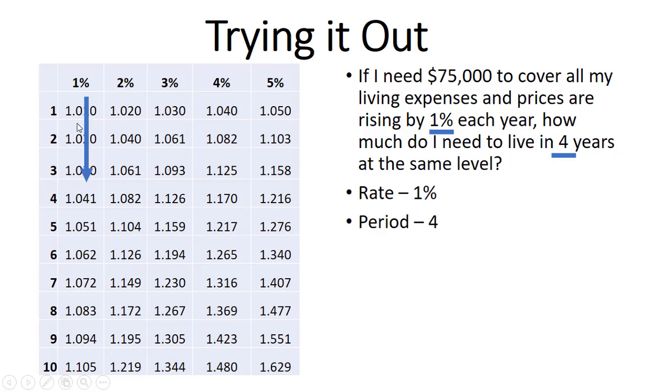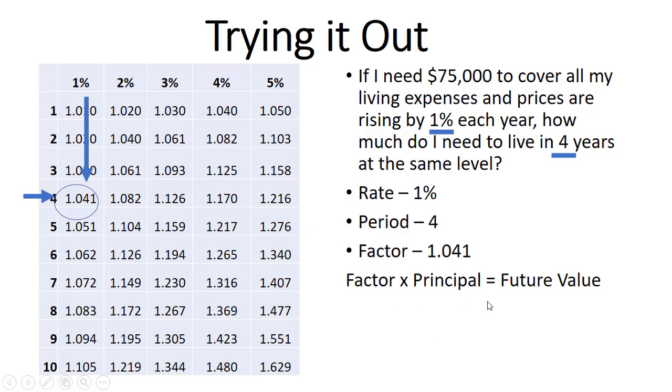So we intersect 1% and 4 years, and we come up with a factor of 1.041. Then we multiply our factor by the principal, and that's going to give us the future value. So 1.041 times 75,000 means we're going to have $78,075 in 4 years. If prices keep rising at 1%, that's what we're going to need to live.